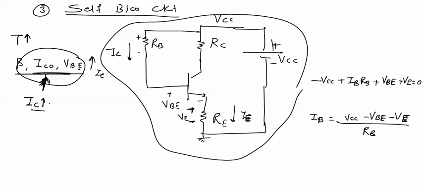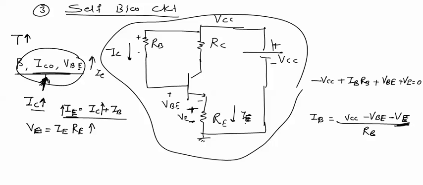If IC increases, then we know that IE is equal to IC plus IB, so IE increases. If IE increases, the drop VE, the voltage drop across RE, that is IE into RE, so VE equal to IE into RE, increases.